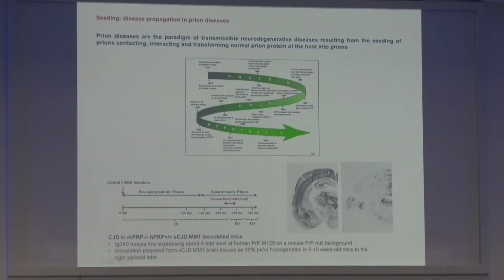The inocula is formed by abnormal PrP, and then we can see in these animals the spreading of this abnormal protein within the new animal, which was devoid of this abnormal protein, but which has the normal protein to be transformed.